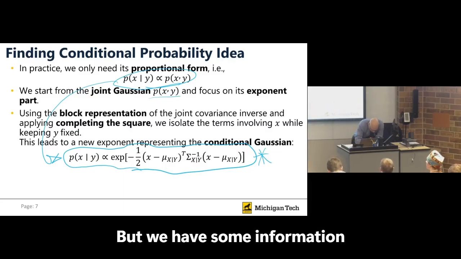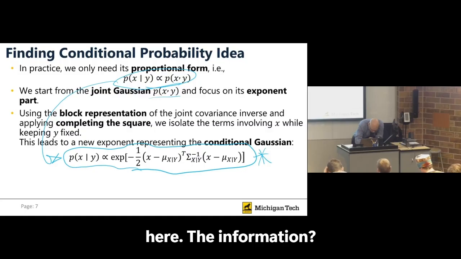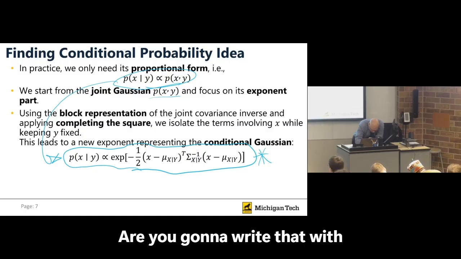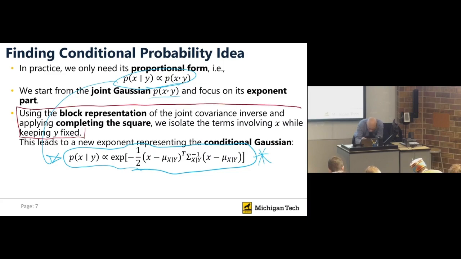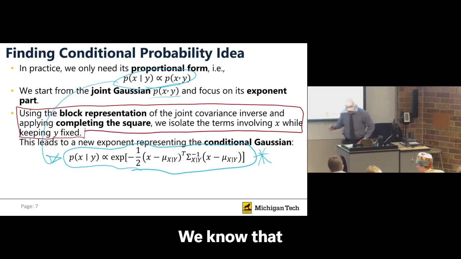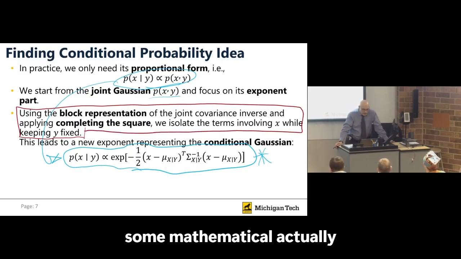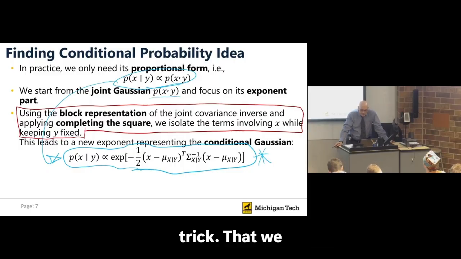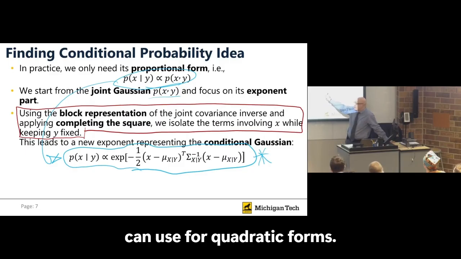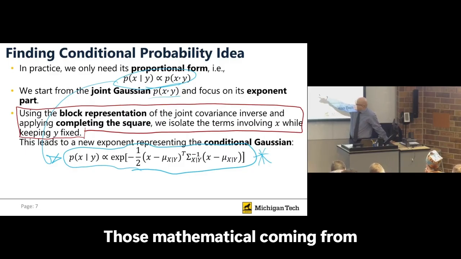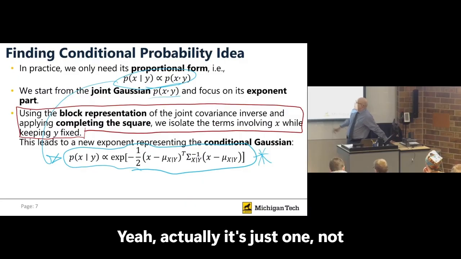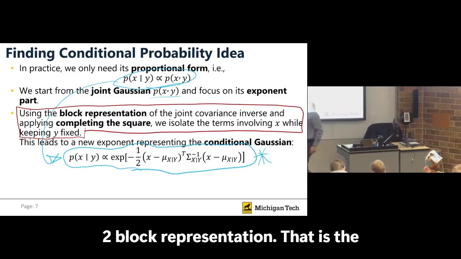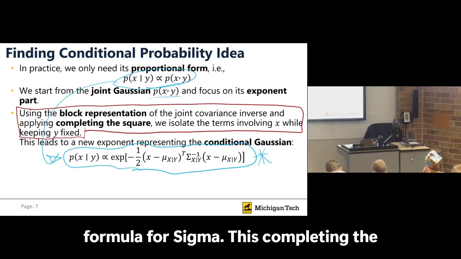But we have some information here. I'm going to write that with another color to emphasize this paragraph. We know some mathematical tricks that we can use for quadratic forms. One is called block representation, that is the formula for sigma.